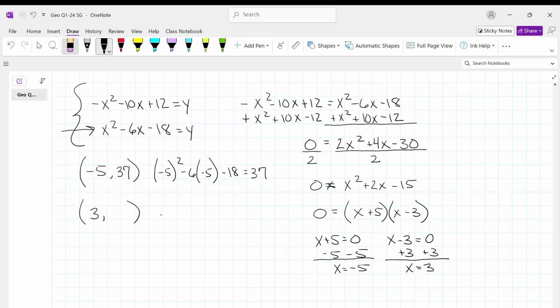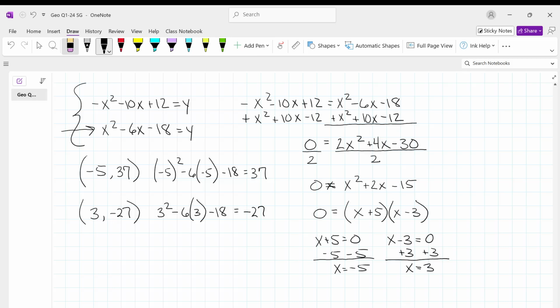Then we do the same thing with the 3. So 3 squared minus 6 times 3 minus 18. And that's -27. So when our x is equal to 3, our y is equal to -27.